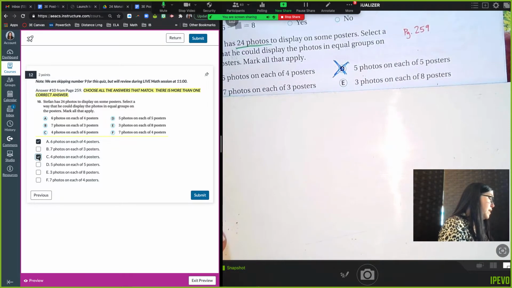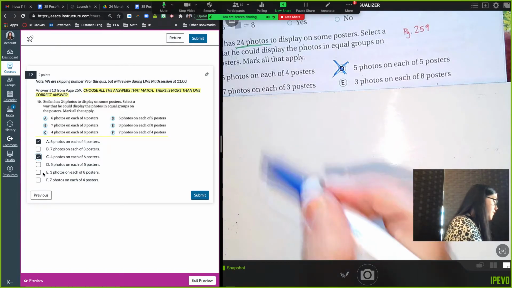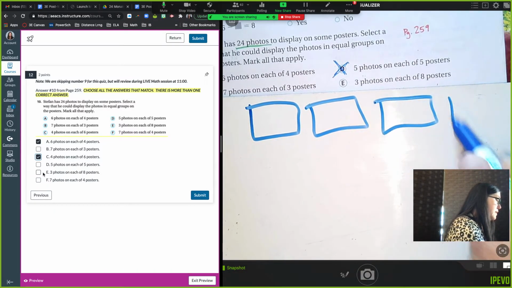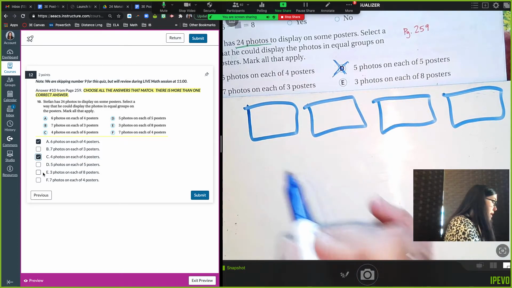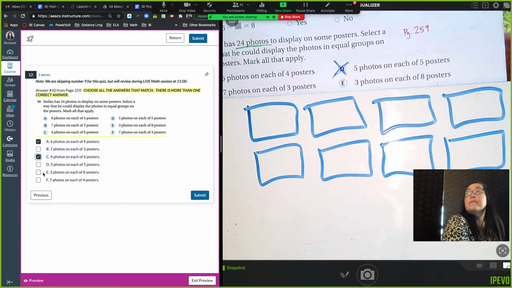E, 3 photos on each of 8 posters. So let's see E. If he has 3 photos on each of 8 posters, I'm going to count by 3s, 8 times. So I like to draw out my posters.